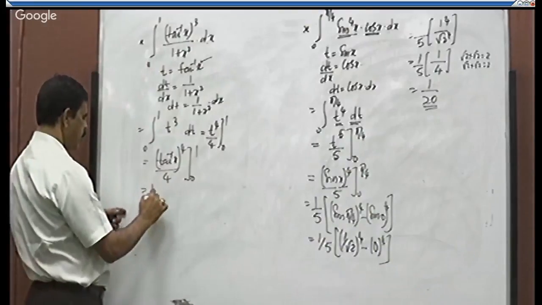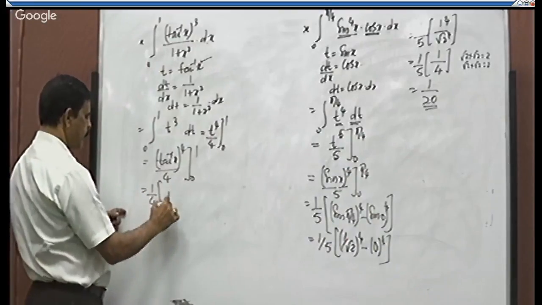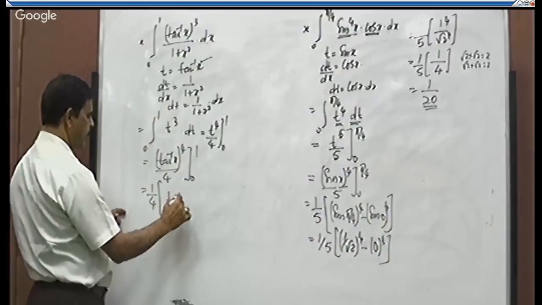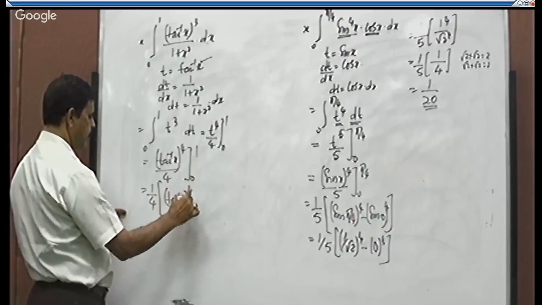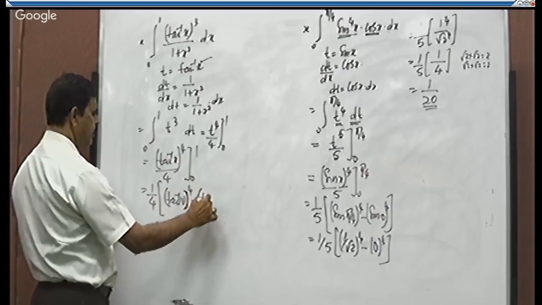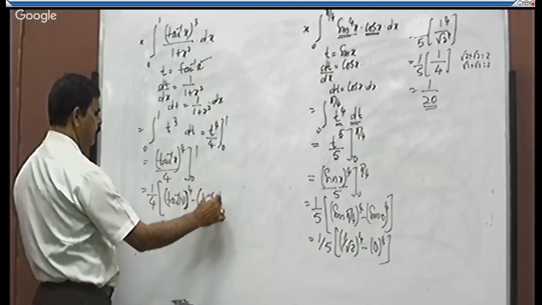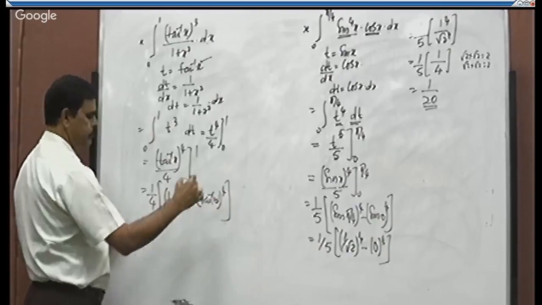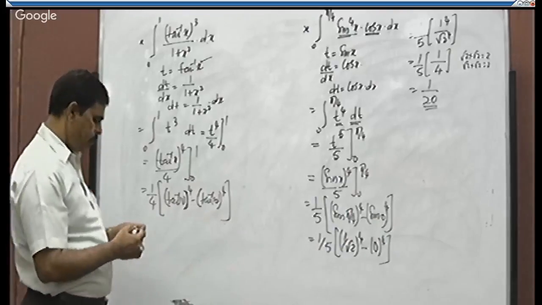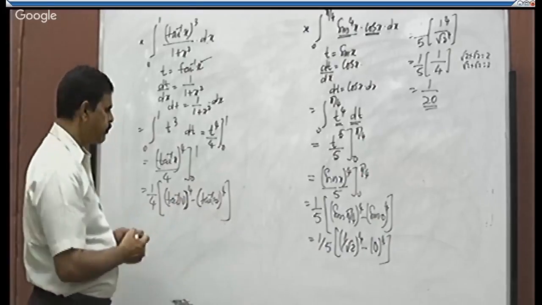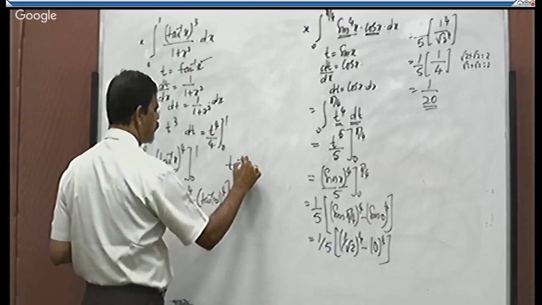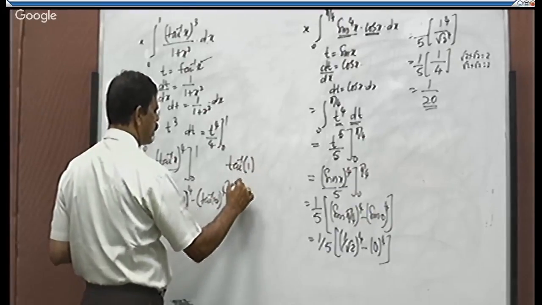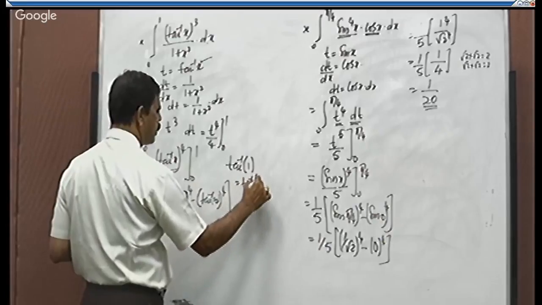Or it is 1 by 4 into tan inverse of 1, whole to the power of 4, minus tan inverse of 0, whole to the power of 4. Now, tan inverse of 1 can be taken as what?